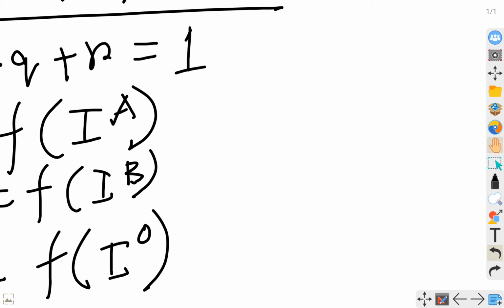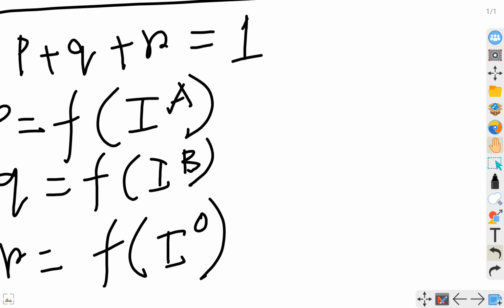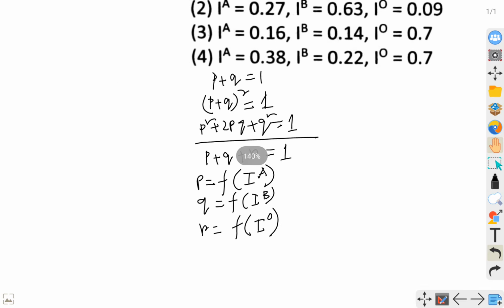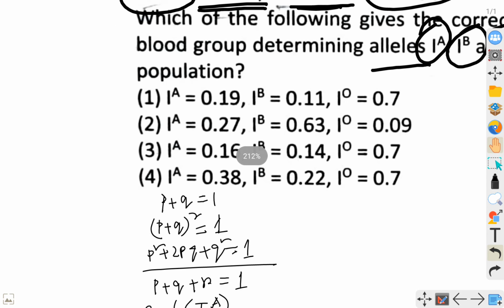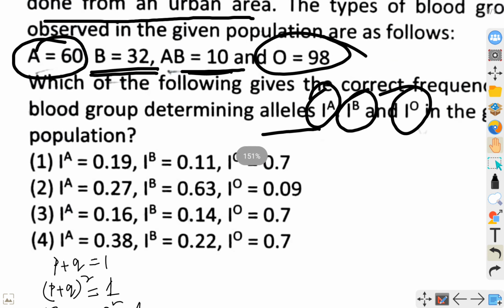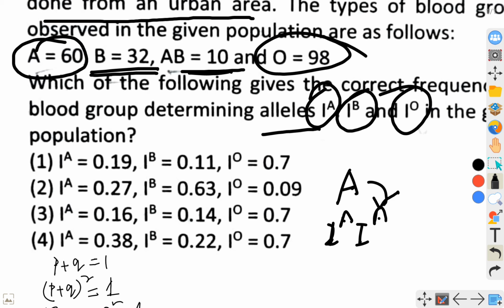Now the interesting fact is that when you try to calculate the frequency of A blood group, this A blood group has IA IA plus IA IO genotypes. So you will not be able to directly calculate IA IA or IA IO.